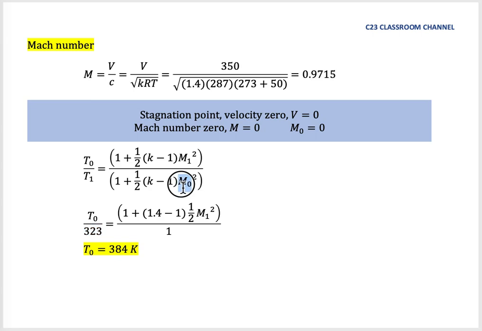Mach number 2 is equal to 0 because it is a stagnation condition, and Mach number 1 is equal to 0.9715 as we calculated previously. We calculate this equation. Finally, we could say that the stagnation temperature is equal to 384 Kelvin.